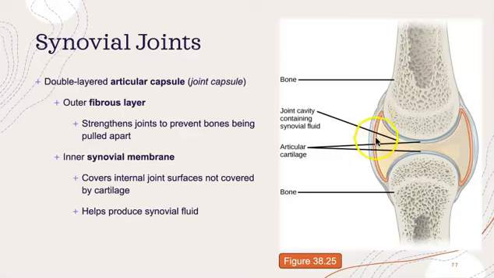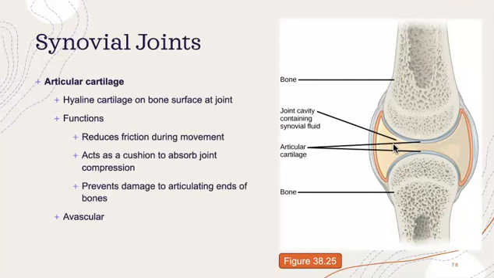And the inner synovial membrane is important because it is going to help produce synovial fluid, which is within the cavity. And this prevents any friction from taking place, so really lubricates the joint. And then I mentioned the articular cartilage is made up of hyaline cartilage, and it is also going to reduce friction during movement.